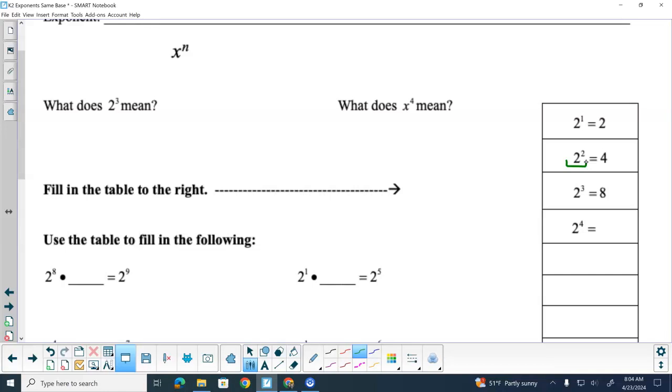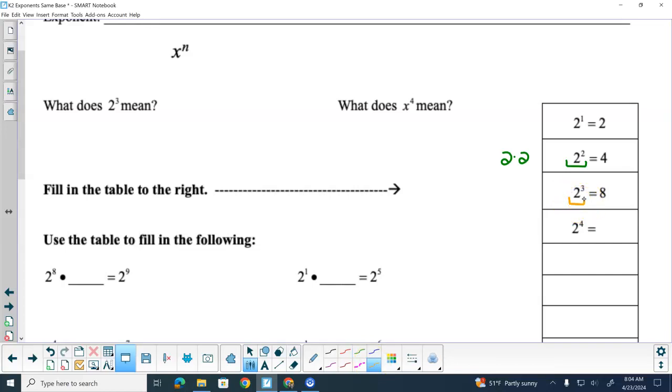Once again, turn your page over to K1 and look for it. So 2 squared means 2 times 2. Okay? What does 2 cubed mean? Or 2 to the third power.